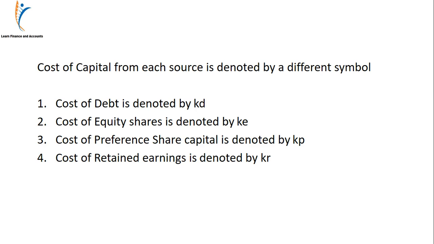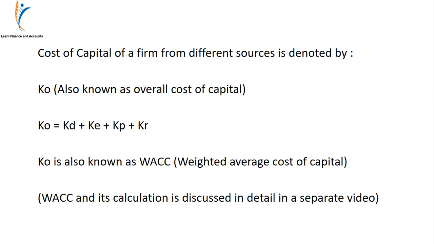But when a company is raising money through all the sources, then how is total cost calculated? Now, the total cost of capital of a firm from different sources is denoted by KO. KO is also known as overall cost of capital. KO will be equal to KD plus KE plus KP plus KR.